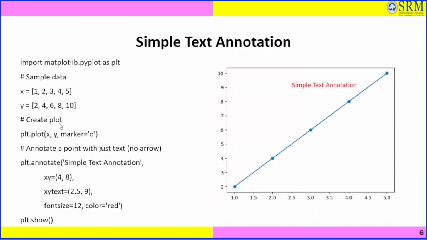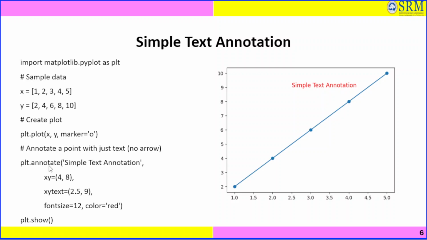We can create the plot by using plt.plot, a function. We need to pass the x value and y value, comma, marker equal to 'o'. By using this function, the plot will be displayed.